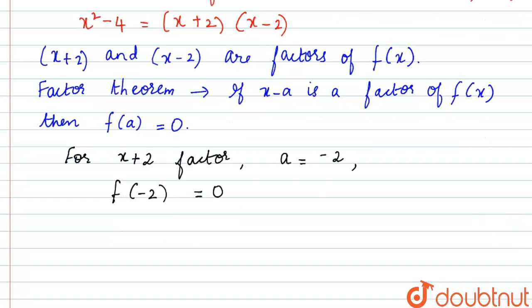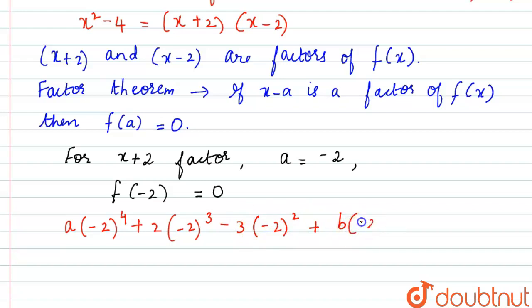Now we'll substitute in f of x. In place of x we'll write minus 2. So this will be a into minus 2 power 4 plus 2 into x cube it was, so this will be minus 2 cube, minus 3 into minus 2 whole square, plus b into minus 2, minus 4 equal to 0.